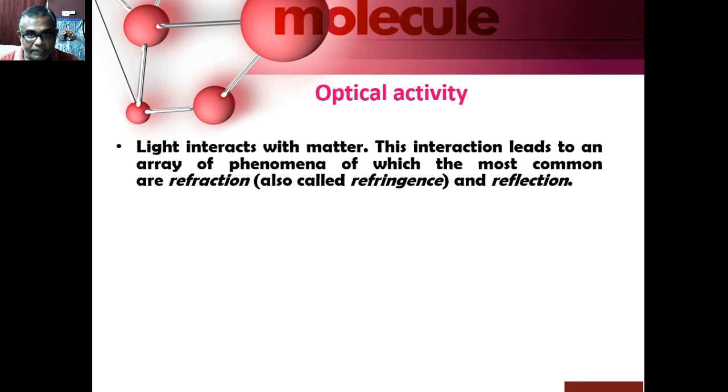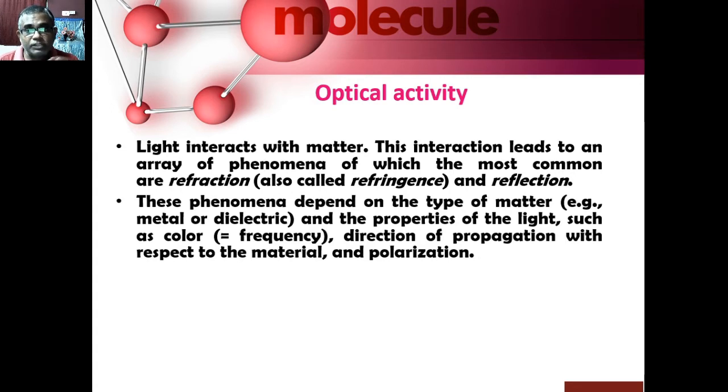So when this light interacts with any matter, which can be a solid, liquid or gas, this interaction normally leads to several phenomena which we have studied in physics, namely reflection, refraction, resonance, and one such phenomenon is also called birefringence. The most common are reflection and refraction, which is also called birefringence.